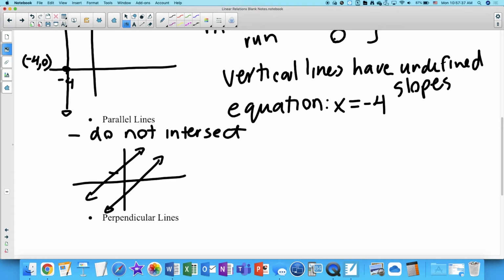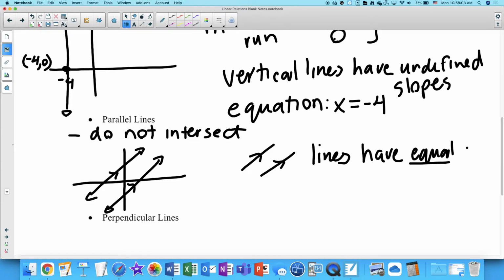Okay, so the symbol that we use to show that two lines are parallel is we put like an arrow on each one. Or sometimes you might use two arrows on each one, something like that. And also the symbol that we use for parallel lines looks quite similar. Looks like this. Parallel lines have equal slopes.